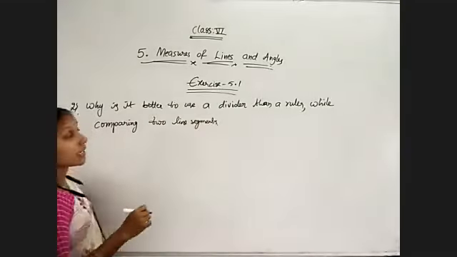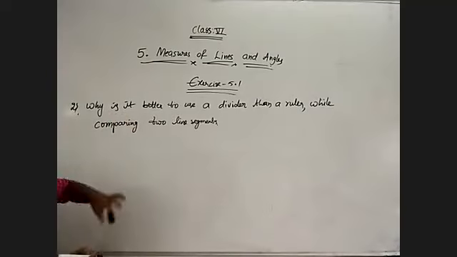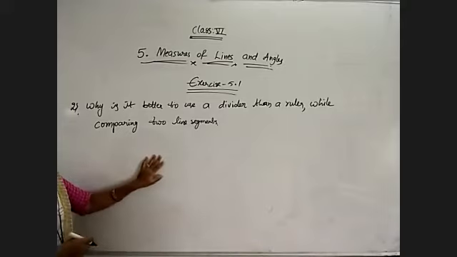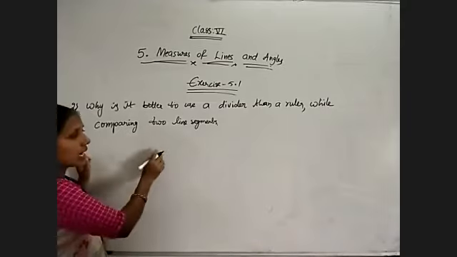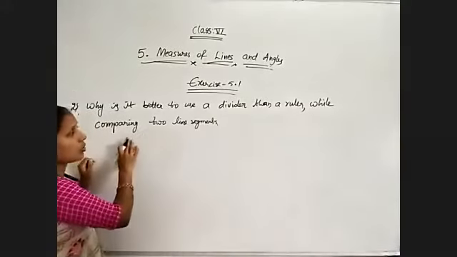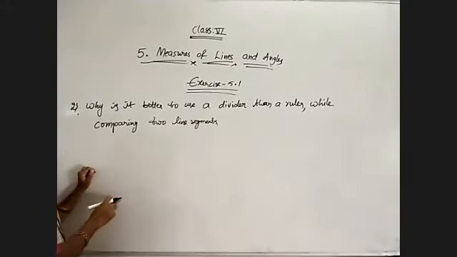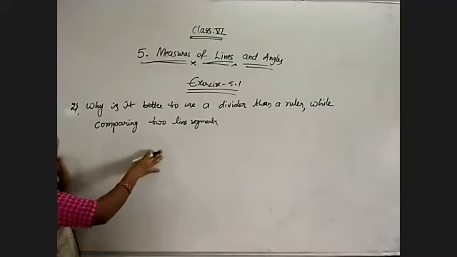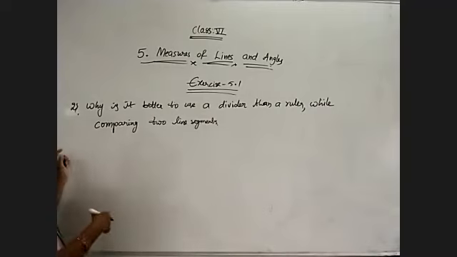So once again I am telling, observe why is it better to use a divider than a ruler while comparing two line segments. Already I told you, with the scale as well as with the divider we are able to measure the length of the line, and we are able to compare two line segments. But which one is better to use?